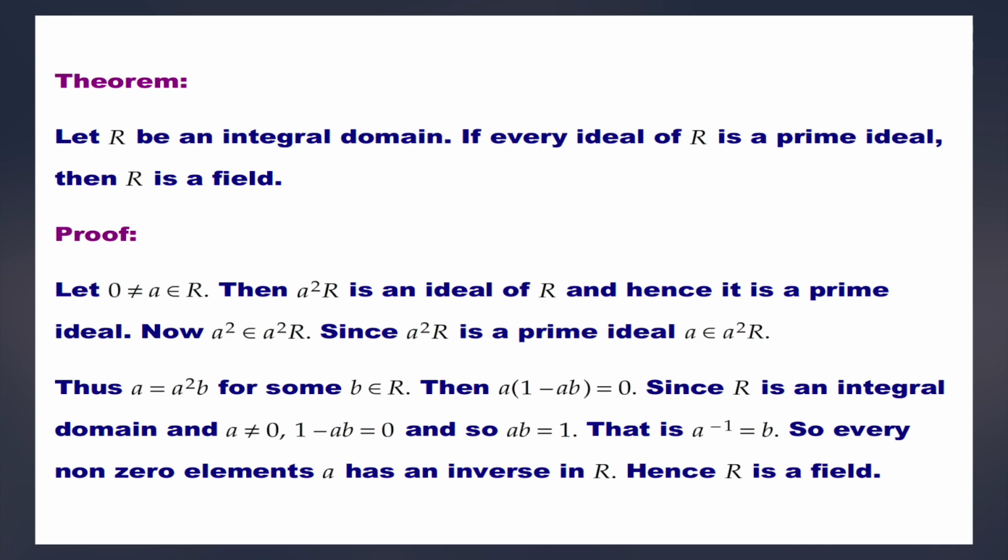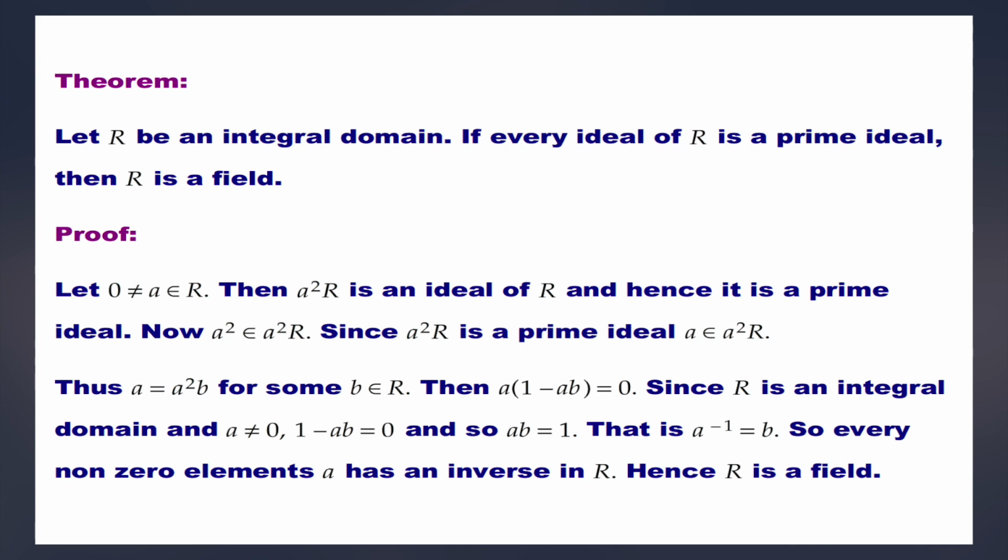Theorem: let R be an integral domain. If every ideal of R is a prime ideal, then R is a field. Proof: let a not equal to 0 belong to R. Then a squared R is an ideal of R and hence it is a prime ideal.